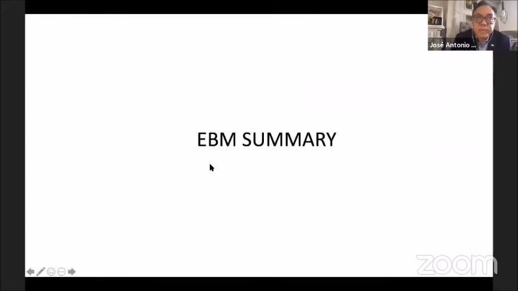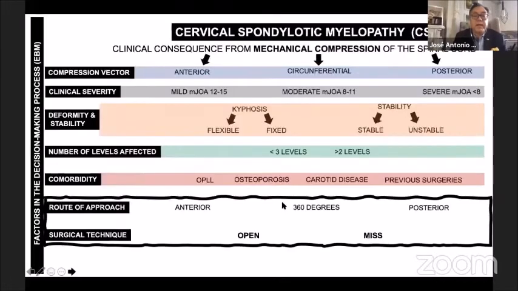And to not repeat, summarizing the evidence-based medicine, I could say that cervical spondylotic myelopathy is the clinical consequence of mechanical compression of the spinal cord.